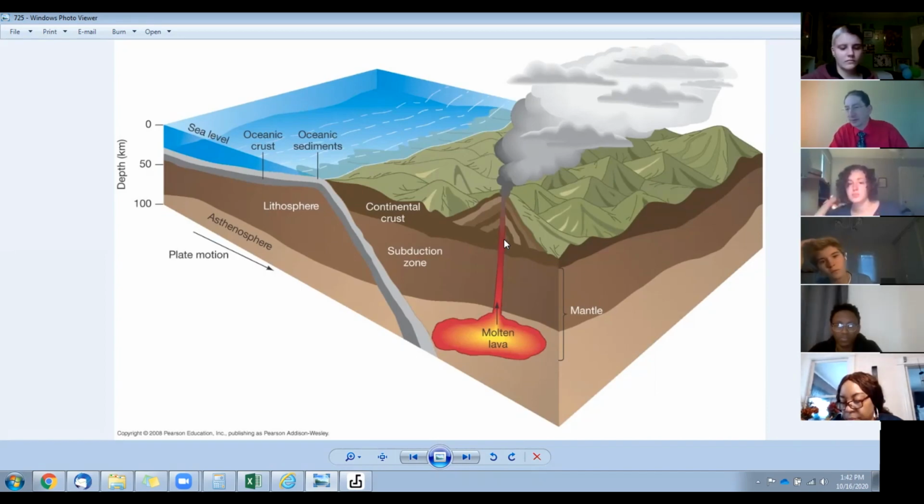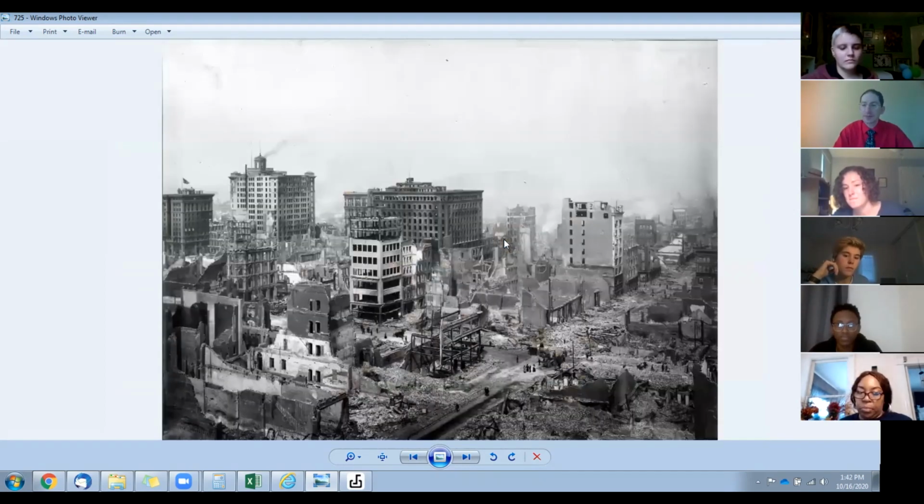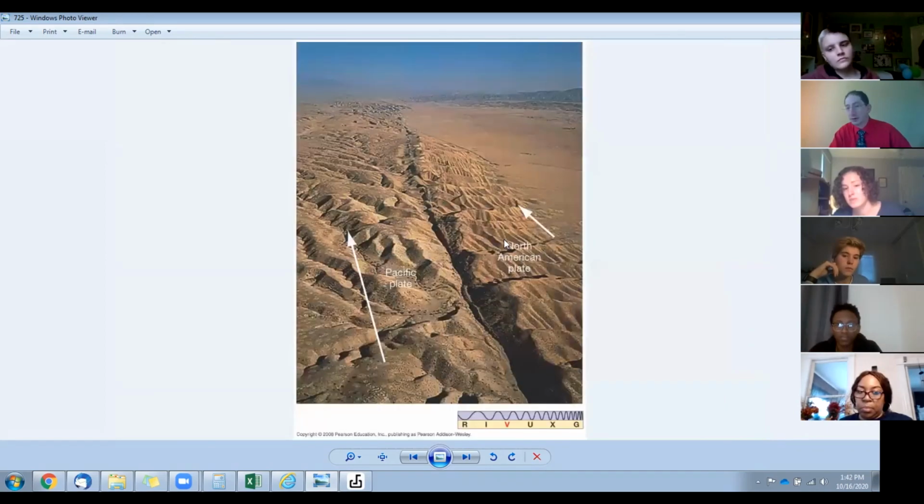Yellowstone's another great example. It's a little bit more inland, and it's not a volcano, but it's a whole region where the molten interior is trying to work its way up. And so we get earthquakes on this particular fault line.